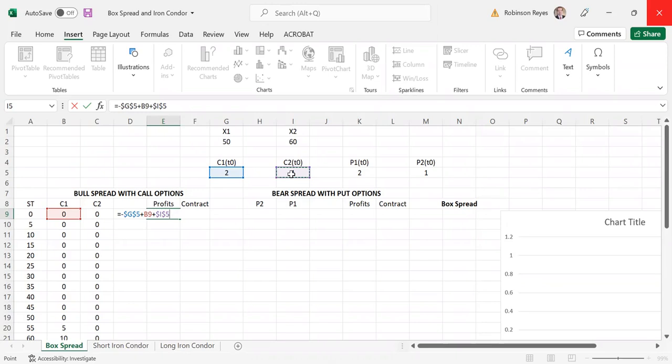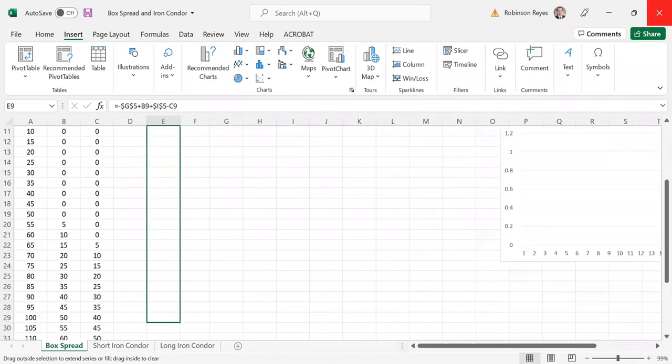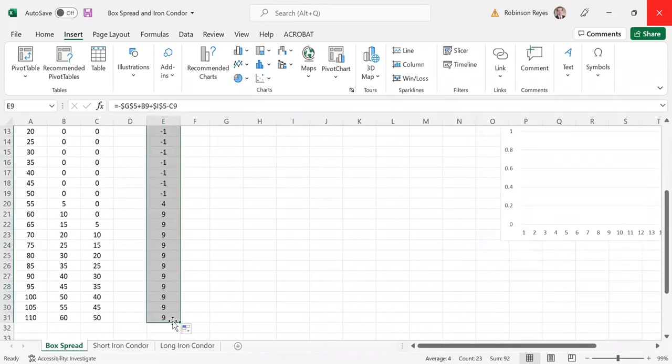If the stock goes up, the call option gets in the money and we have to sell at this strike price. Because of that, we can think of it as losing the intrinsic value. Now we scroll this down. Keep in mind to lock the cells that I locked here. And then we can see this.